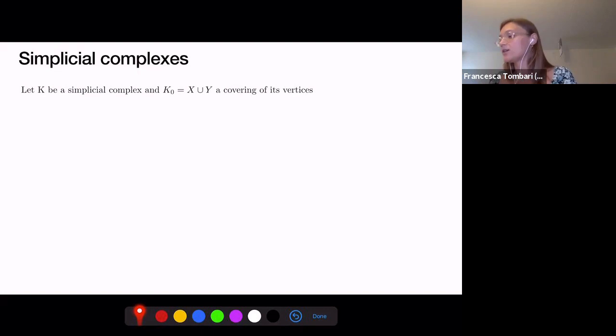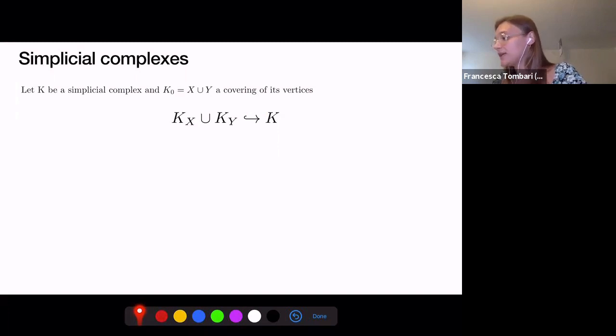Call it K, and call K0 the collection of its vertices. Then, as we've done before, we take a covering by two sets X and Y of the collection of vertices of K. And we may restrict K to these subsets of points, X and Y. In this way, we obtain two subcomplexes of K. If we take the union, this is still a subcomplex of K, so we have this inclusion map.